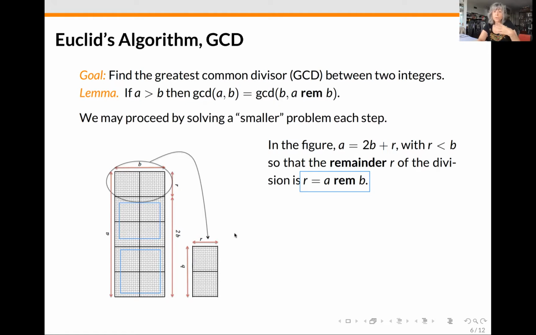In order to solve the original problem, which is the big problem on the left, it's enough to solve the problem with a smaller rectangle, which is the rectangle on the right.